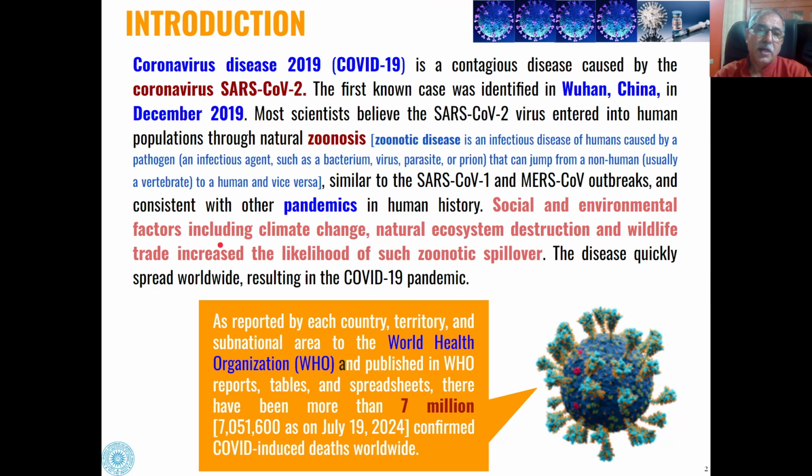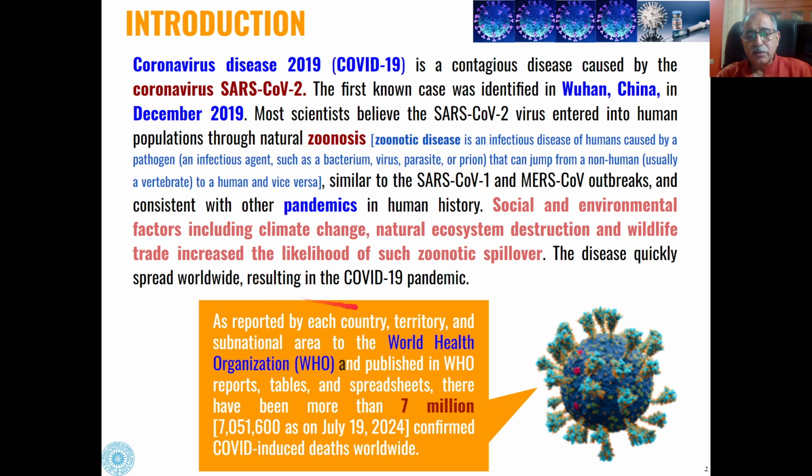Now, as we all know, corona disease is a contagious disease caused by coronavirus SARS-CoV-2, and the first case for this disease was identified in Wuhan, China in December 2019.